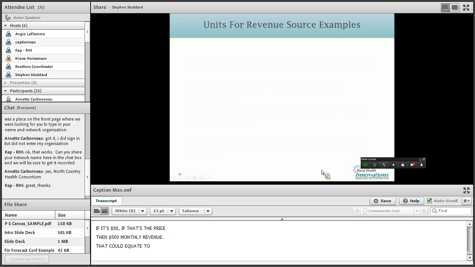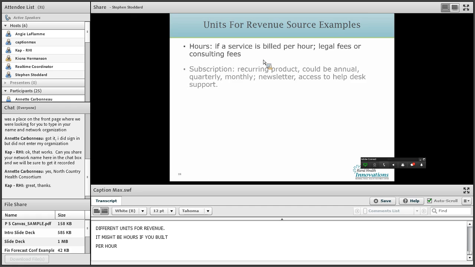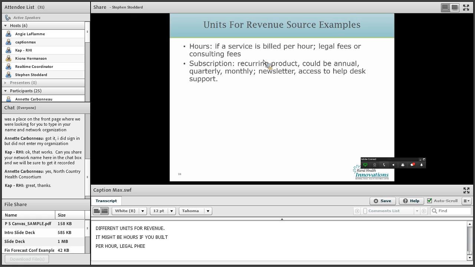All right, so some examples might be sales, consulting fees, dues, grants, sponsors, those types of things. So remember, there's different important things. Usually on revenue, it's the units sold per month times that price that will give you your monthly revenue. And of course, your monthly revenue times 12 gives you your annual or yearly revenue.